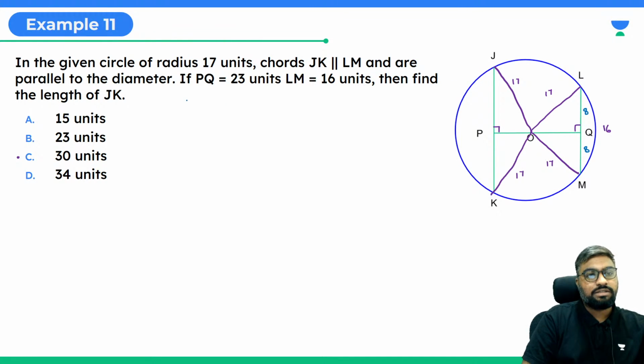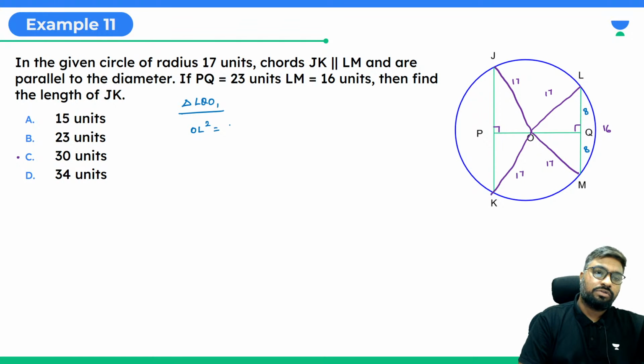If you look at right triangle LOQ, what happens? By Pythagoras theorem, OL square will be equal to LQ square plus OQ square, correct? So from here we get OQ square will be equal to 17 square minus 8 square.